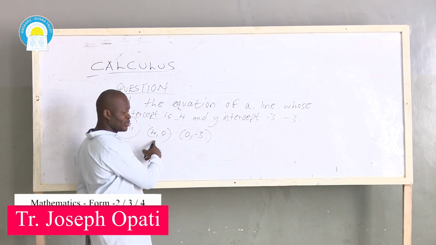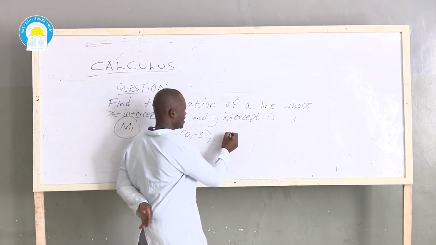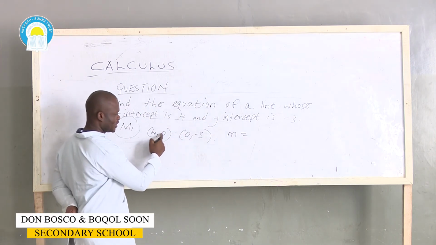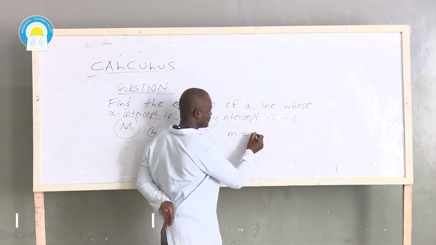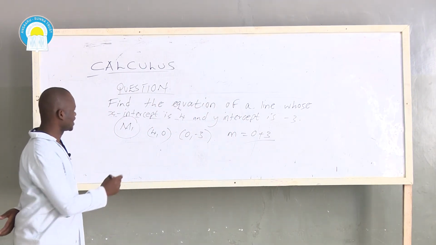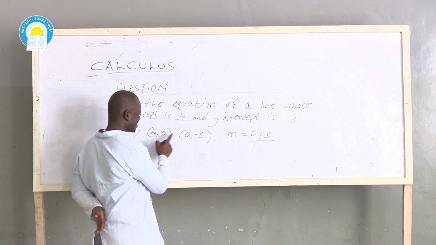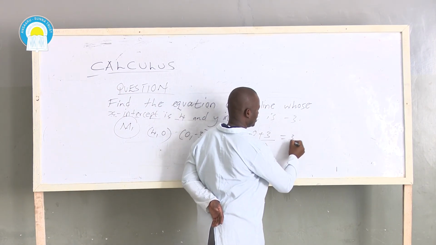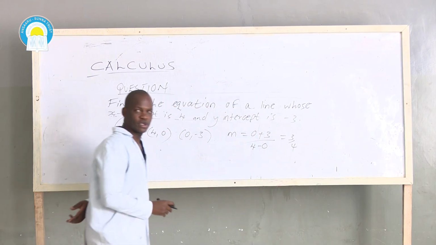The gradient. We have change in y. If you're very keen, change in y will be 0 minus -3 to give us 0 plus 3. Then change in x, 4 minus 0. We have 3/4.